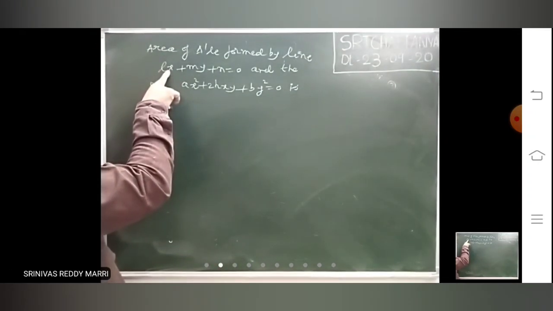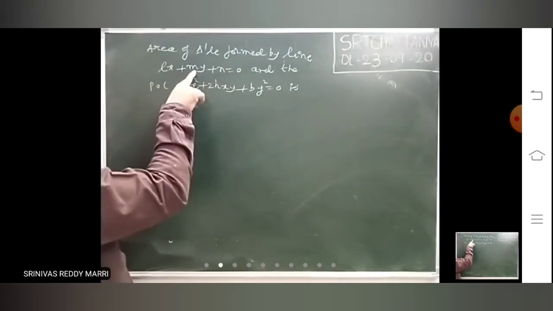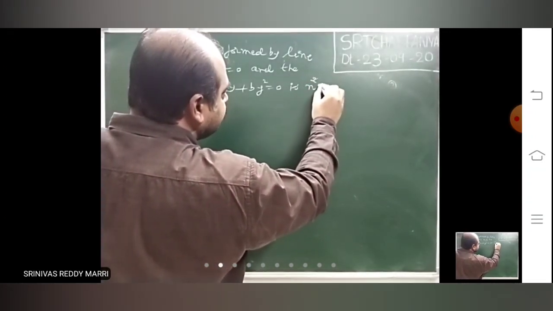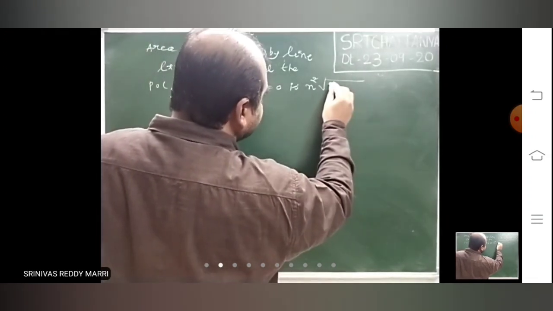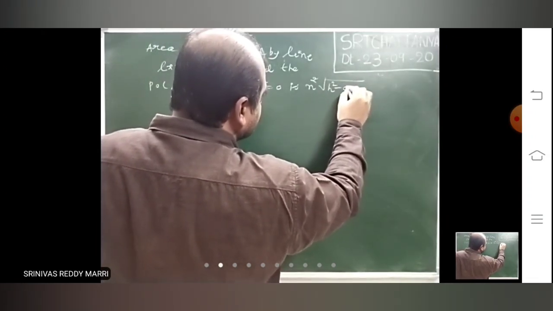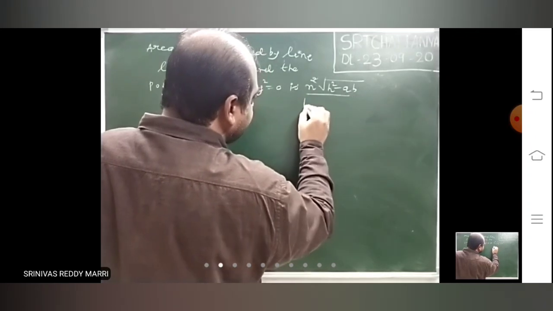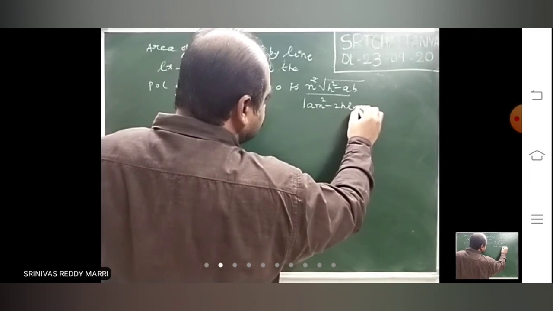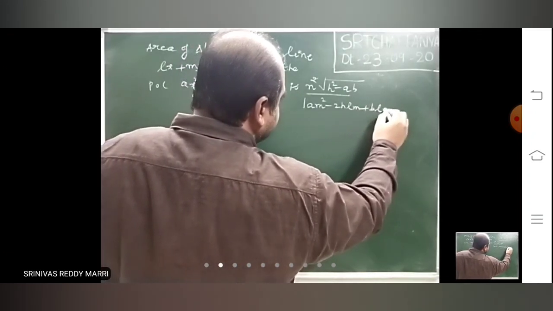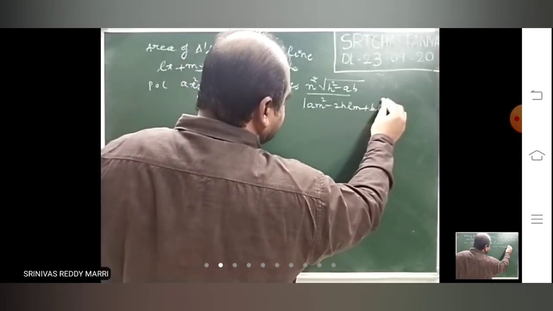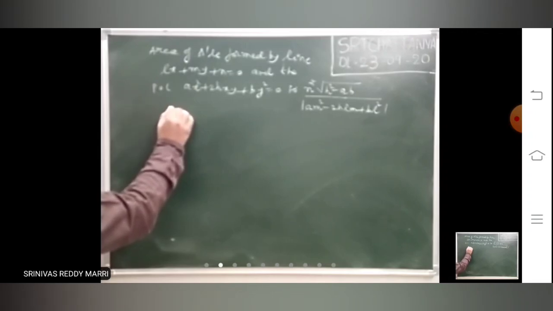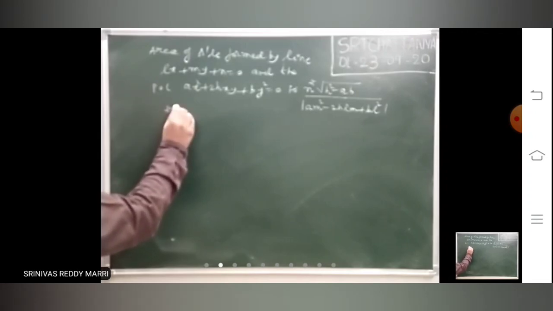That means one line is given, Lx plus My plus n, and these are the two lines. The formula is n square into root of h square minus ab, divided by modulus of (a m square minus 2hLm plus bL square). Directly you can make use of this formula. Let us do the previous problem by using this formula.